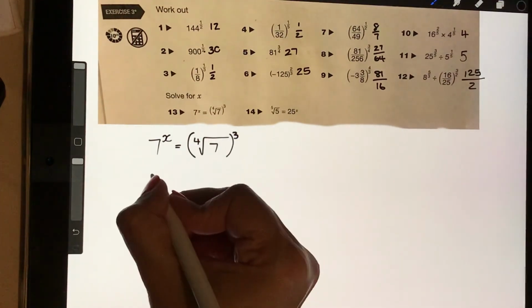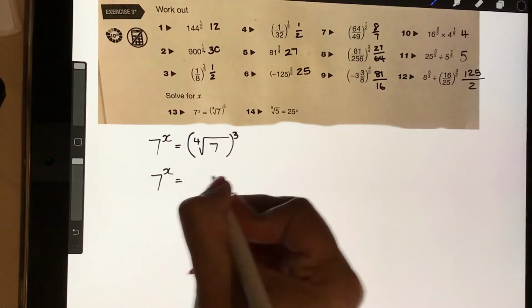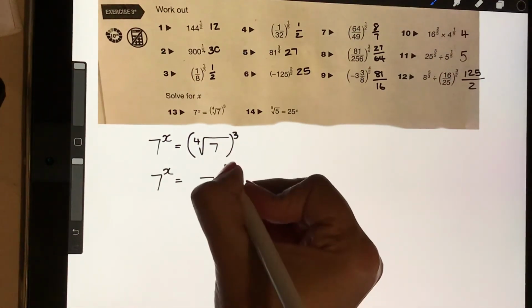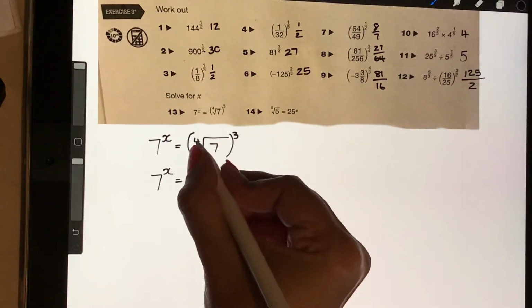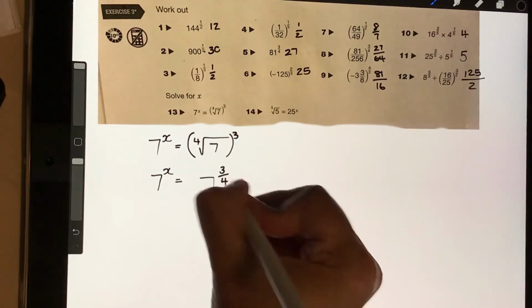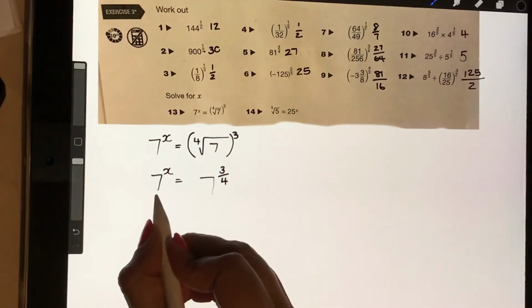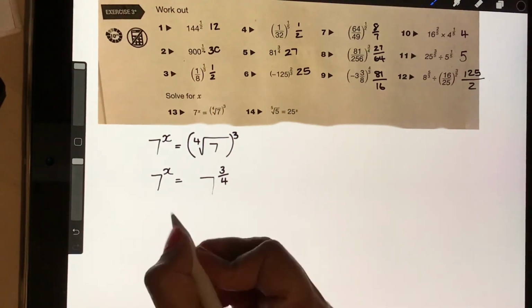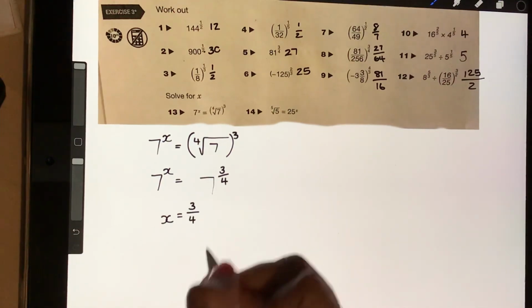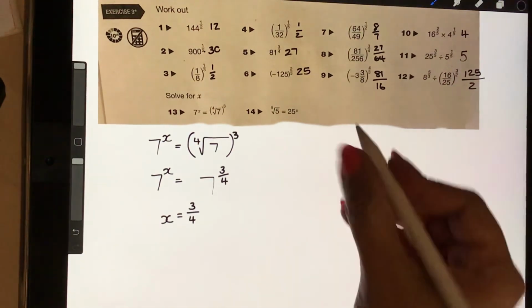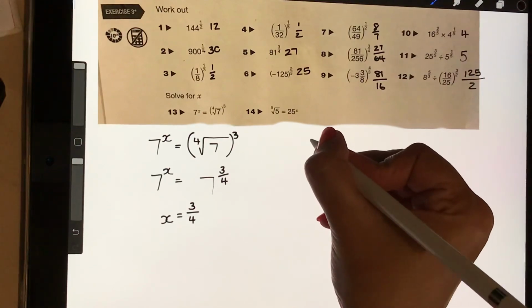When we take the root away, we keep the base number, the raising part becomes our numerator and the 4 goes down to the denominator. Because the 7 and the 7 are the same base number, we can therefore simply state that x is equal to 3 over 4.